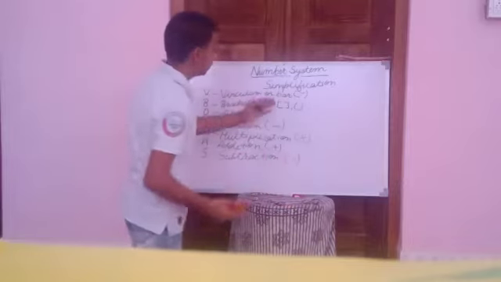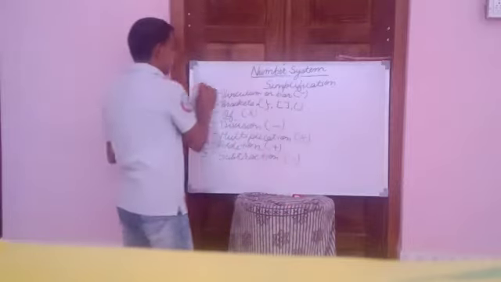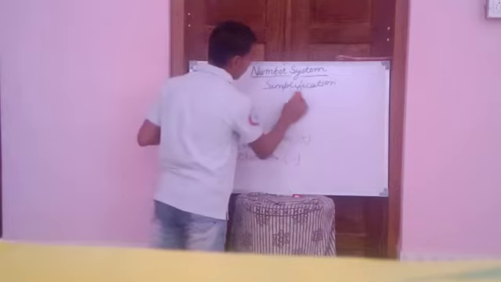So this was about simplification and the VBODMAS rule. Now let's understand simplification through an example.